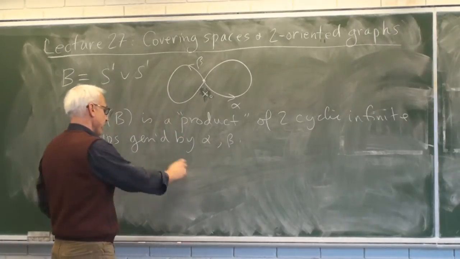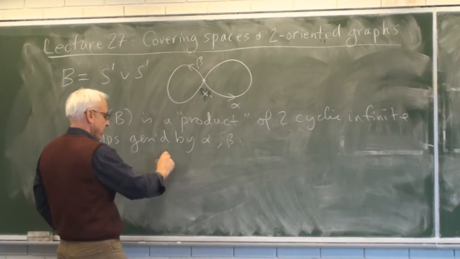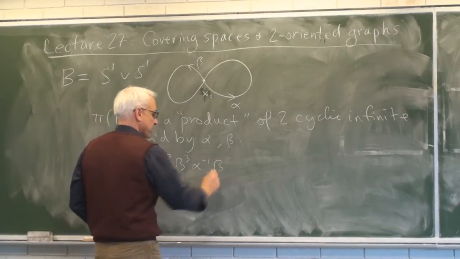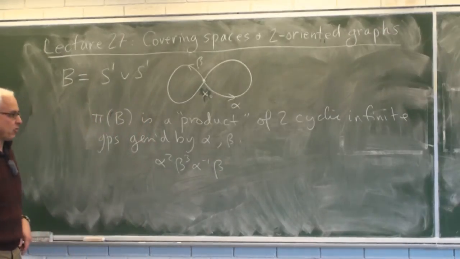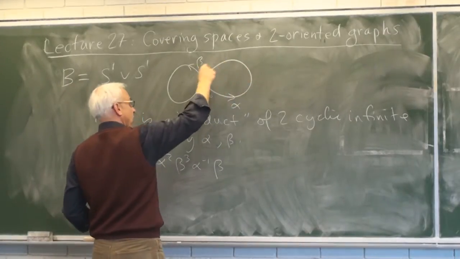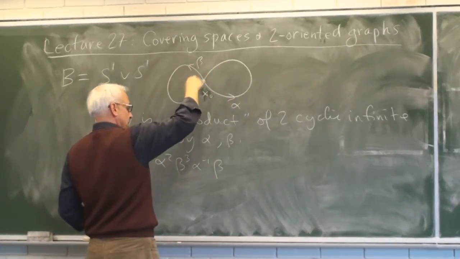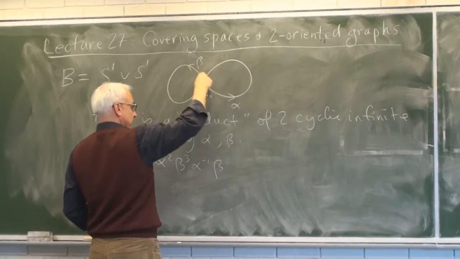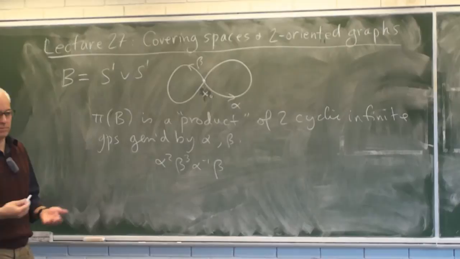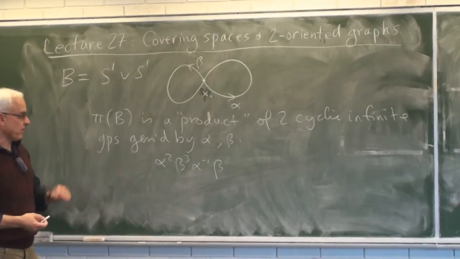So for example, we have things like alpha squared, beta cubed, alpha inverse beta. That would be the loop that goes twice around this one, three times around this one, once in the opposite direction of alpha, and then once more beta. So it's a rather rich fundamental group.